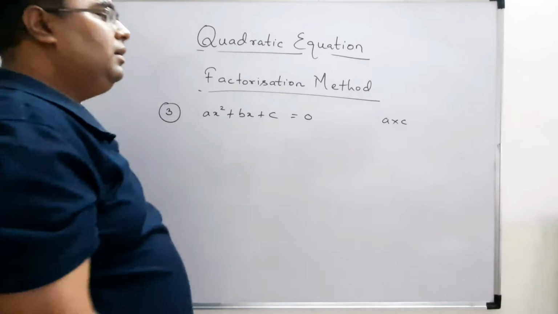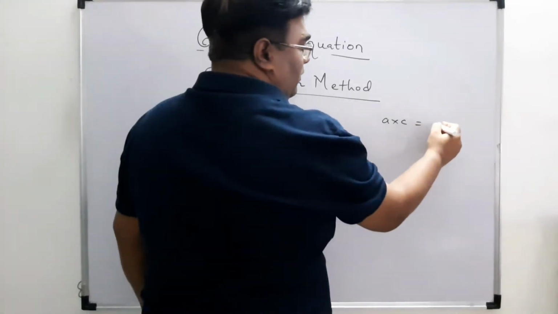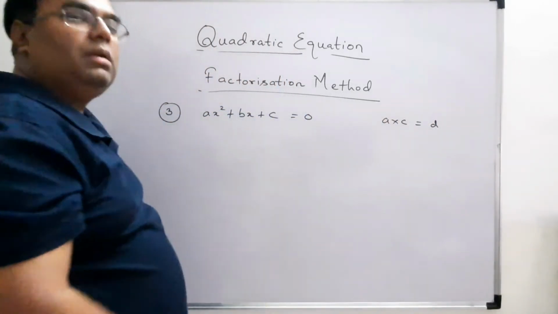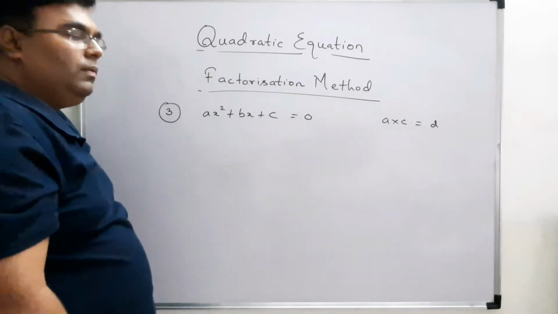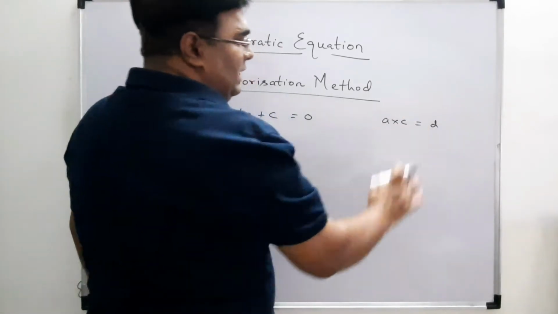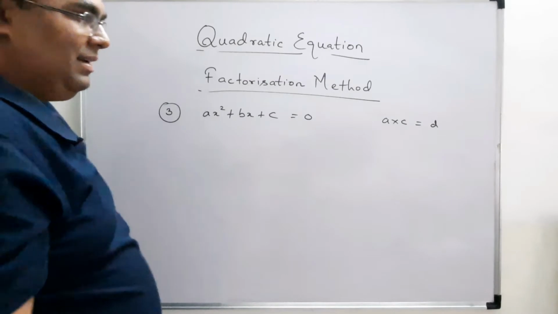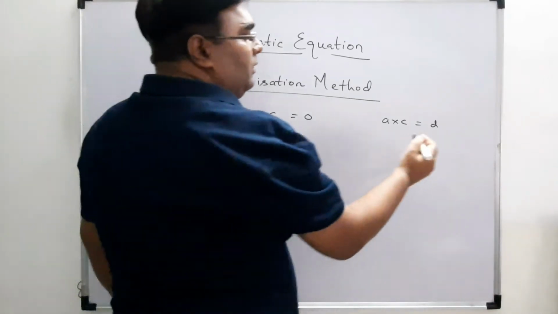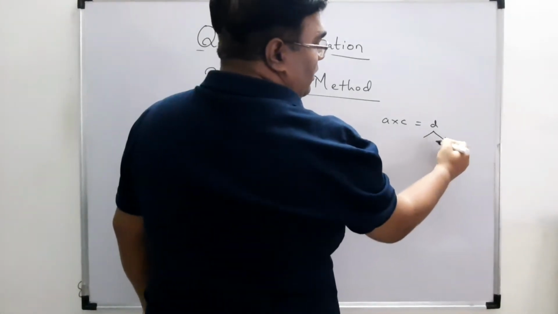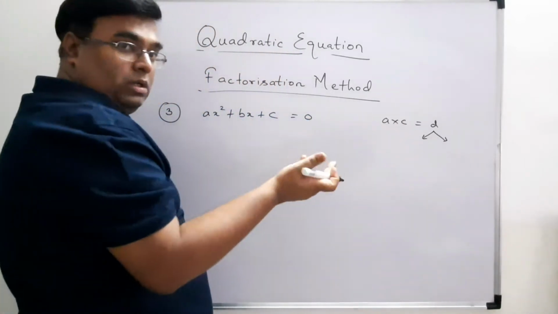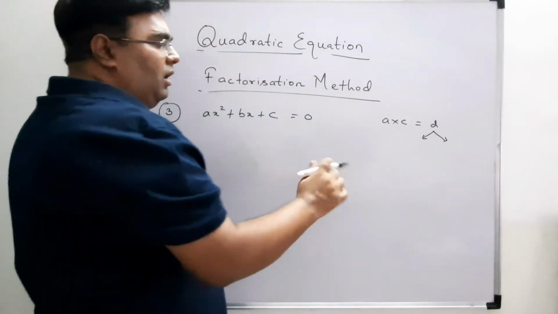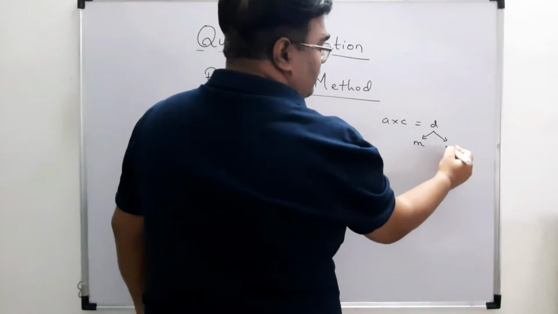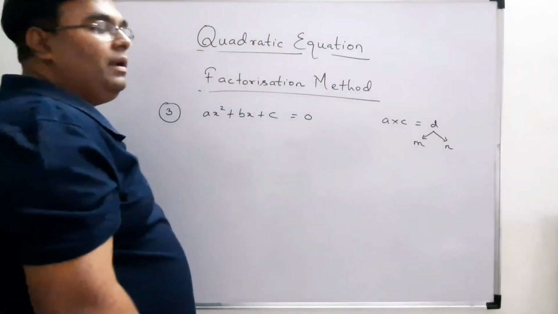Suppose we have got another number d. Then we will factorize this d in such a manner that we get either the same a or c, or we can have different numbers, suppose m and n.